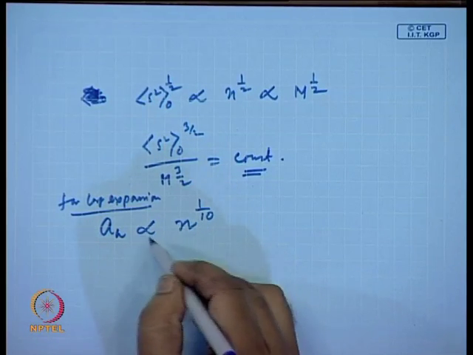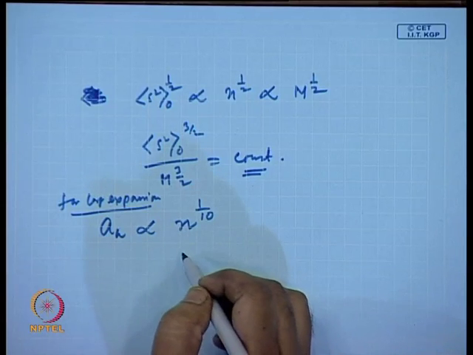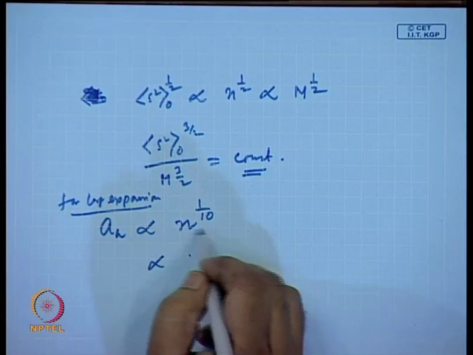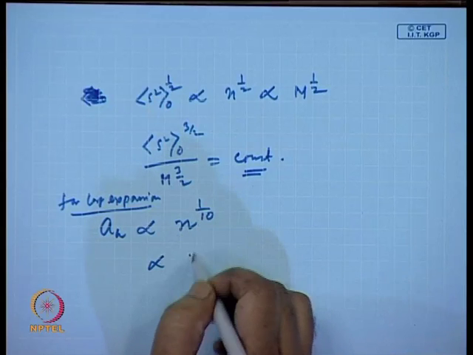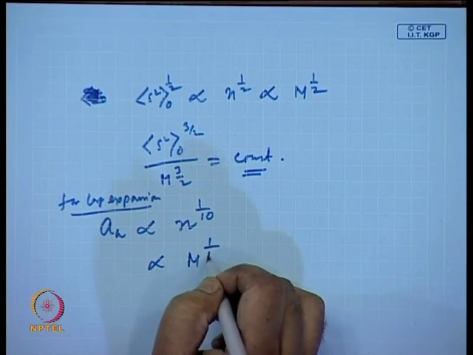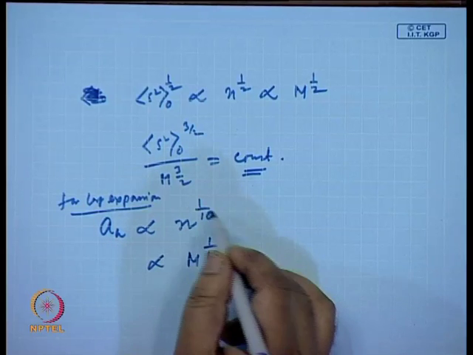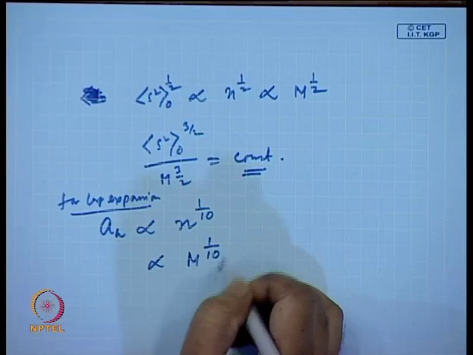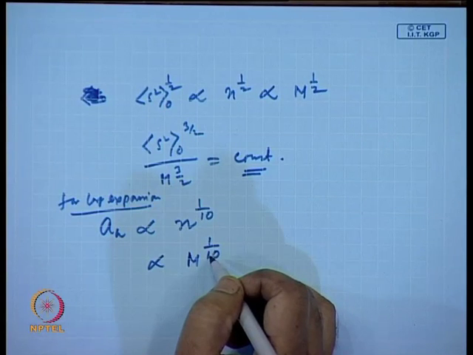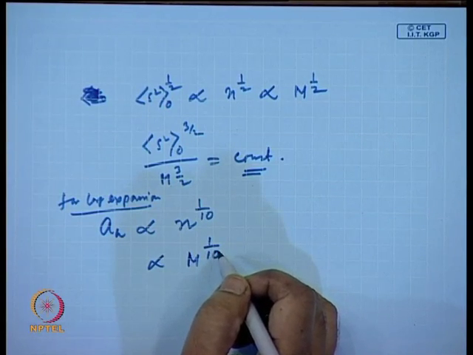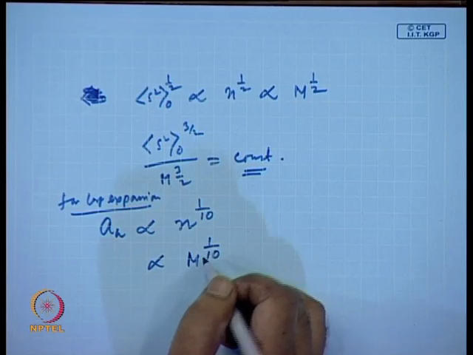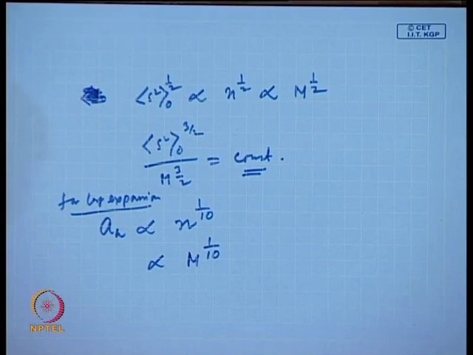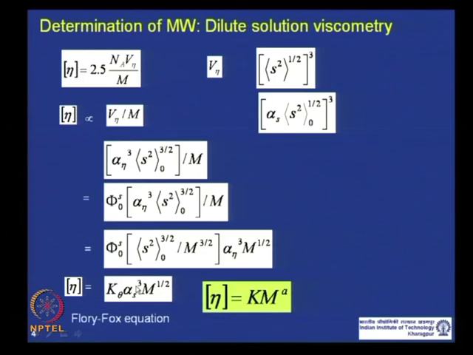We just discussed this in the last lecture, which means it is not exact, but approximately proportional to M to the power 1/10. So, you can now express this in terms of molecular weight, couple those two and write [eta] equals K M to the power a.